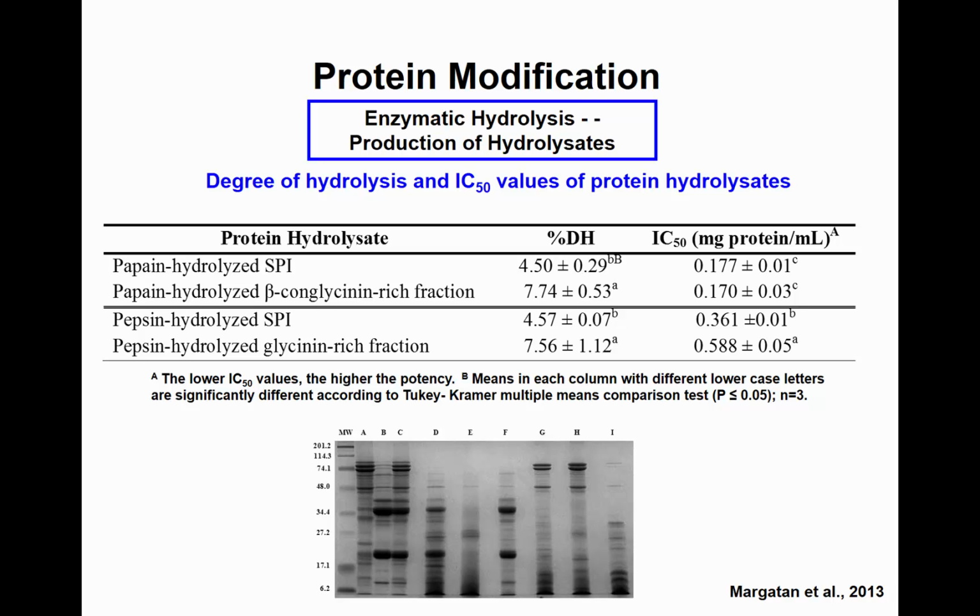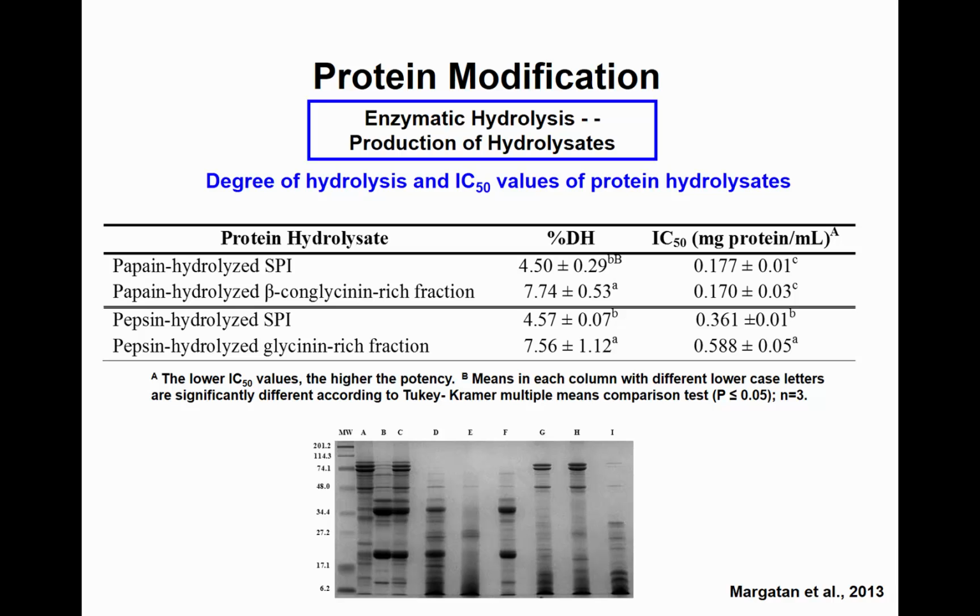So here's your SPI, beta-conglycinin is gone. Here's the beta-conglycinin fraction, beta-conglycinin is gone. Using papain in both cases, the beta-conglycinin banding was gone, and in the same situation, the glycinin was gone when pepsin was used, whether we used SPI or glycinin-rich fraction.